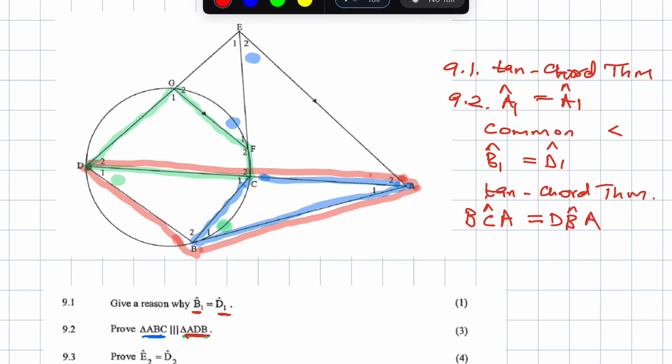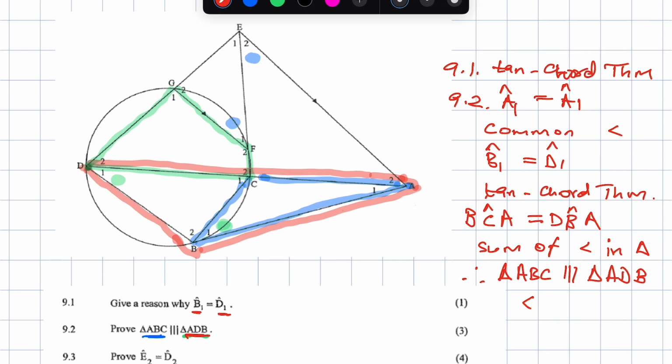Basically when I say angle BCA, I'm referring to that angle C. It's going to be equal to angle DBA. Those are the remaining angles. So that is sum of angles in a triangle. Then we can conclude and say, therefore, triangle ABC is similar to triangle ADB. That will be angle, angle, angle.